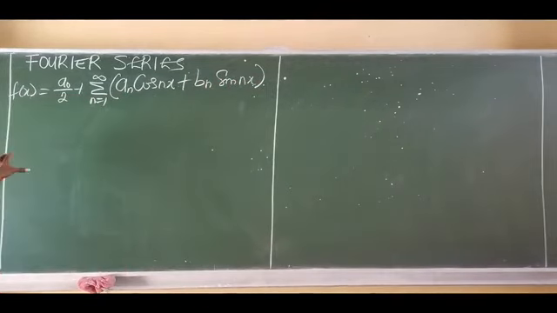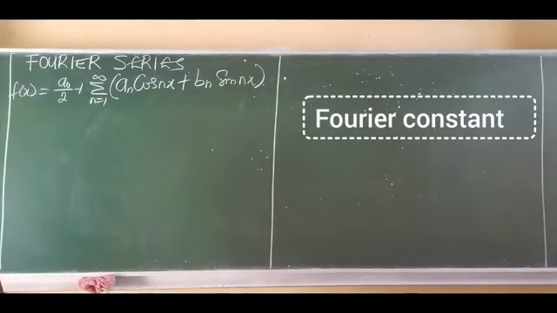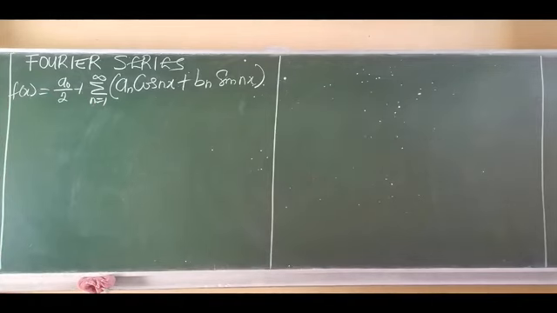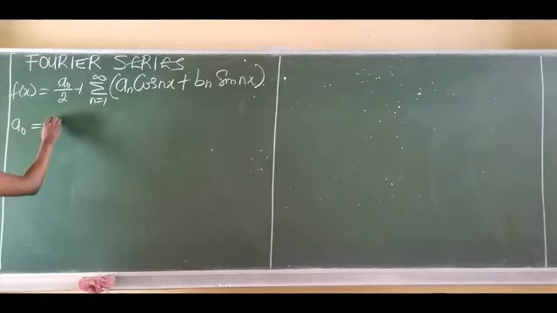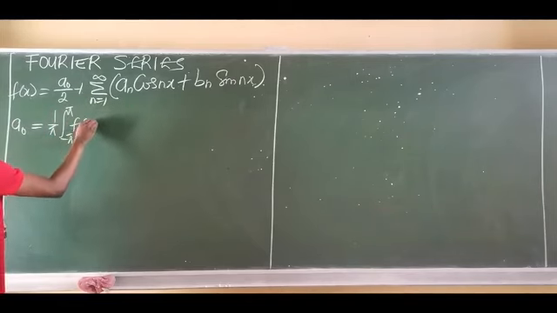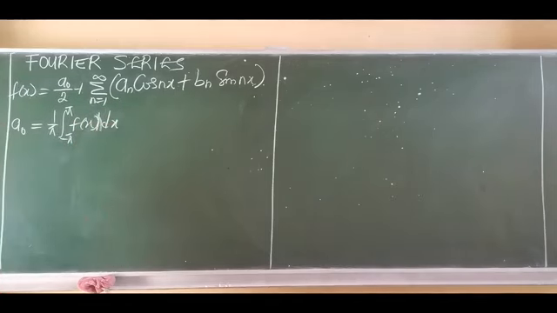Alright, so mathematically, this is how we represent the Fourier series, where a₀, aₙ, and bₙ are simply called the Fourier constants. For a given function, a₀ can always be determined using the equation 1/π integral from -π to π of f(x) dx.